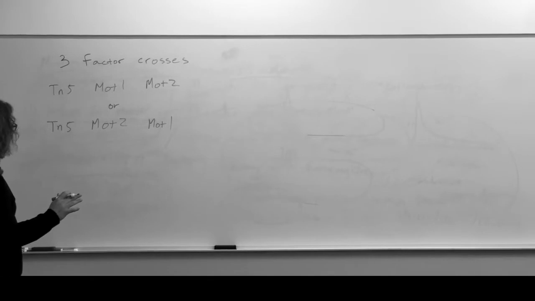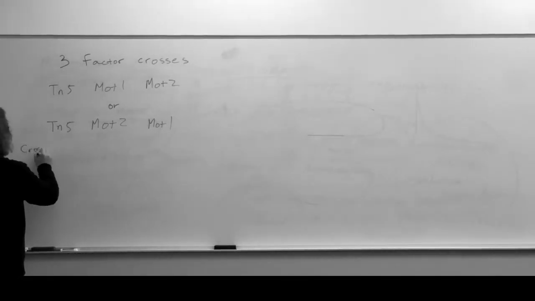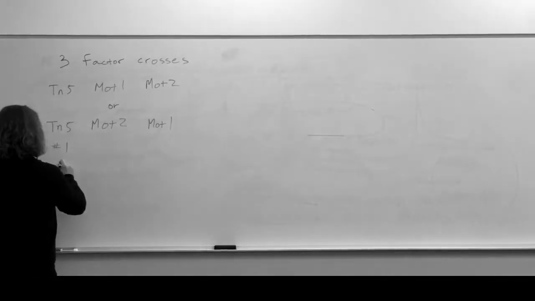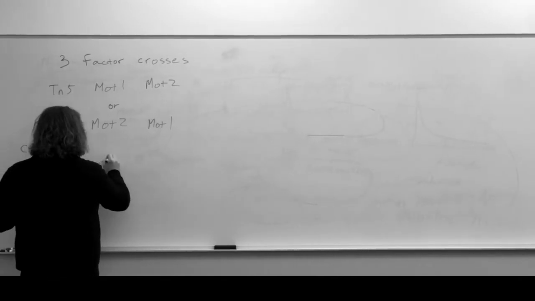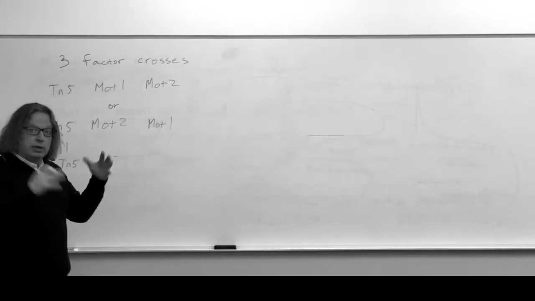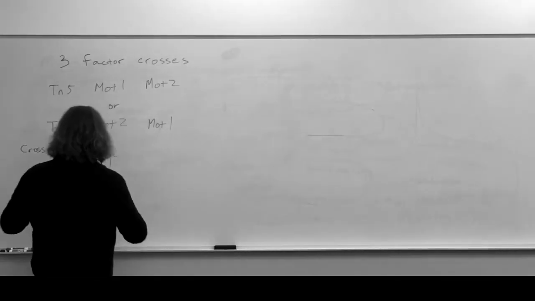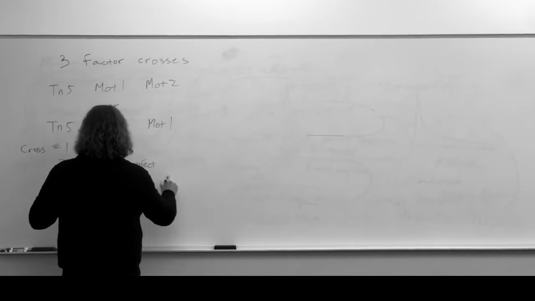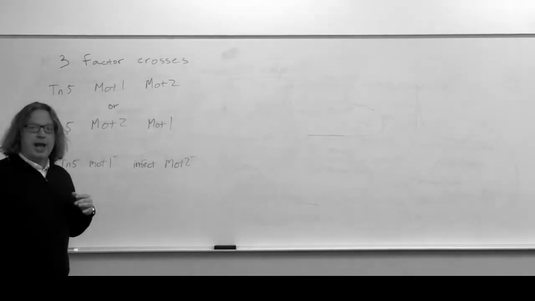So we're going to do essentially two crosses, right? And the first cross is we're going to start with a Tn5 mod 1 minus strain, and we're going to infect with P1, collect virus, and infect a mod 2 minus background.